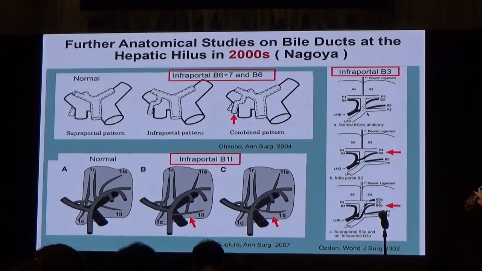This is a very, very rare anomaly of the segment 3 duct, which runs ventrally to the umbilical portion of the portal vein.